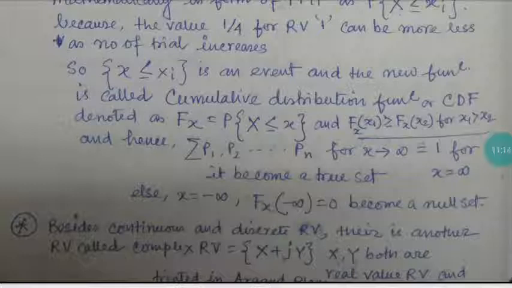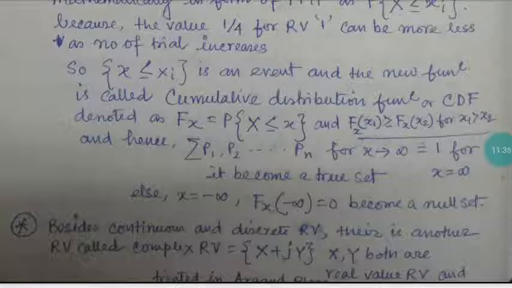And hence if you are summing all these individual results as p1, p2, p3 up to pn, for x going to infinity, that equals 1, and it becomes a true set. And for x equals minus infinity, F of minus infinity equals 0. So F of plus infinity and F of minus infinity are touching the boundaries of 1 and 0. So obviously the values of the cumulative distribution function must lie in the range 0 to 1, as we discussed for the PMF also.